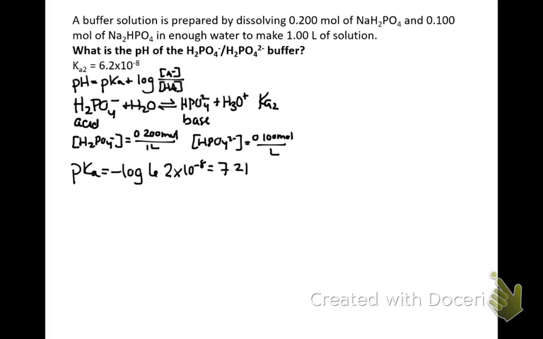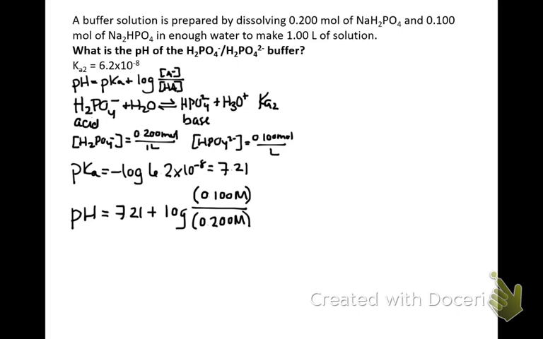So we have everything we need in order to solve for the pH. pH will equal the pKa, 7.21, plus the log of the base concentration, 0.100 moles per liter, divided by the acid concentration, 0.2 moles per liter.